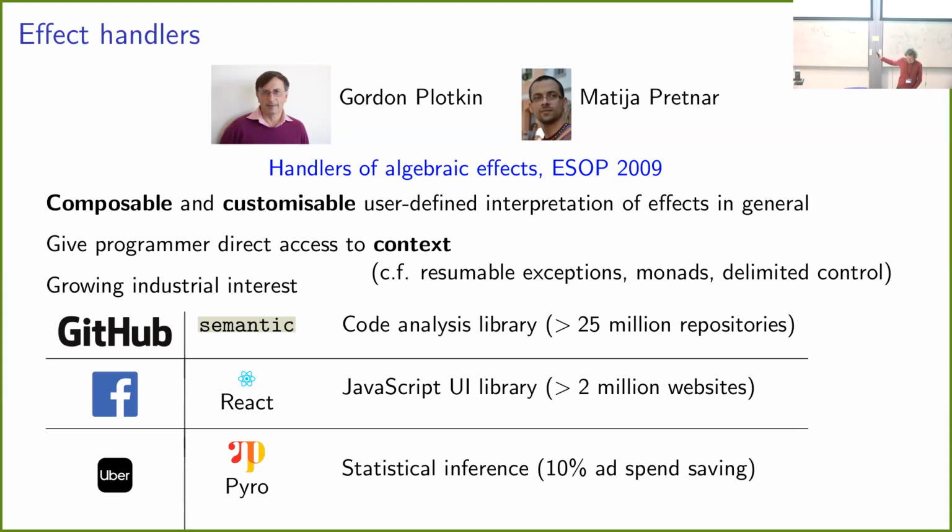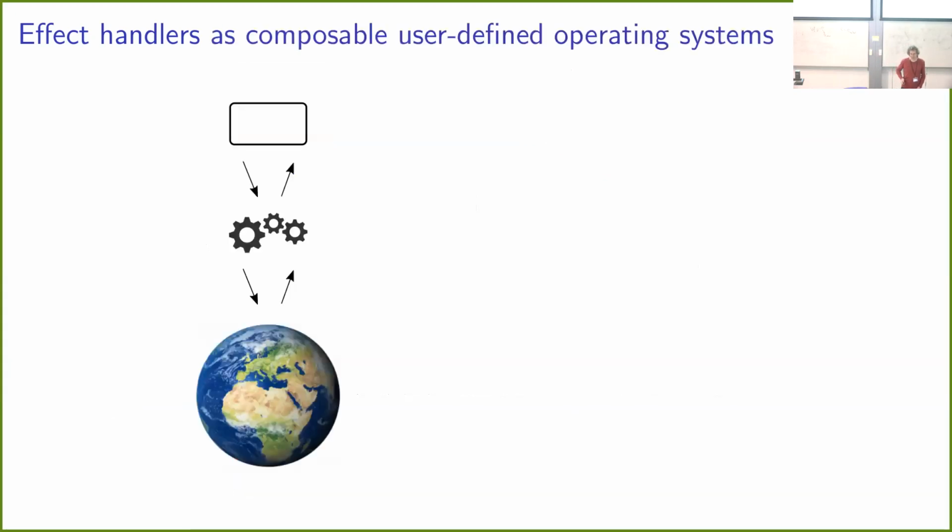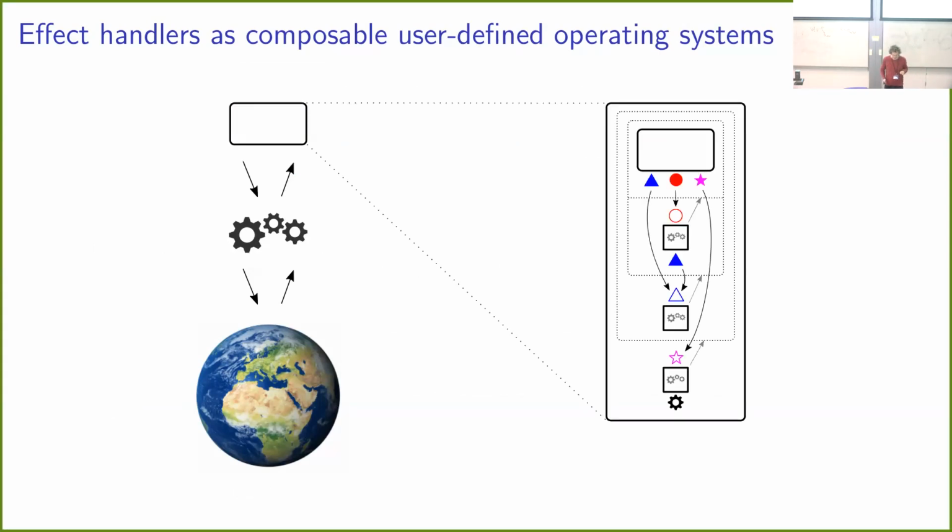Okay. I'm going to now show you another little picture. This is an illustration of one particular view of effect handlers as little mini user-defined operating systems that you write inside your programming language. So if you take the program there, we can expand that out. If we want to write it using effect handlers, then that top box up there would be our program.